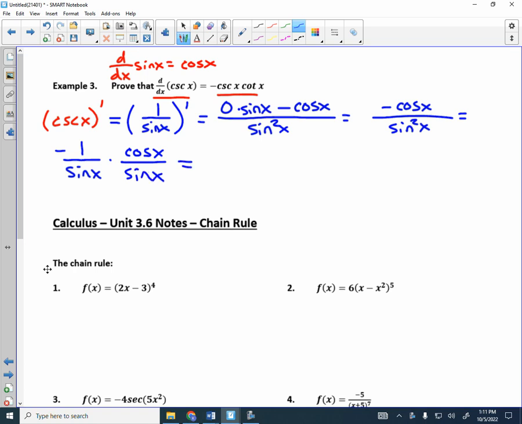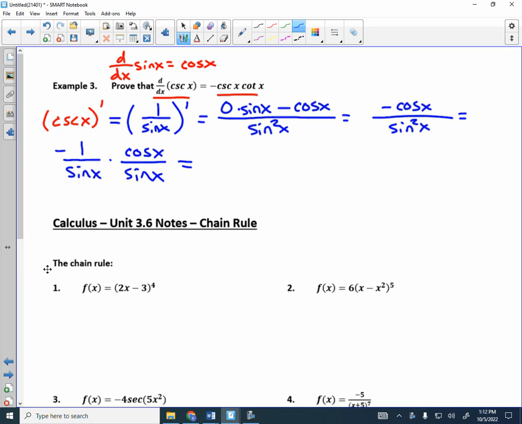So we're almost done. Let's make sure everybody sees it. Does everybody see why negative cosine over sine squared is the same as what I have right here? I've just factored it apart. I'm using the quotient rule. The quotient rule says the derivative of 1 is 0 times the bottom, minus the top, which is 1, times the derivative of the bottom, which is cosine.